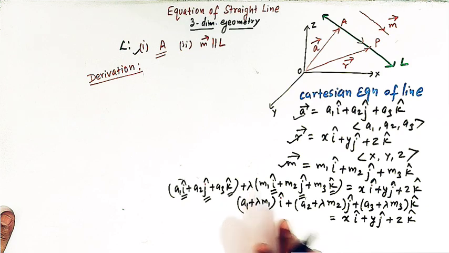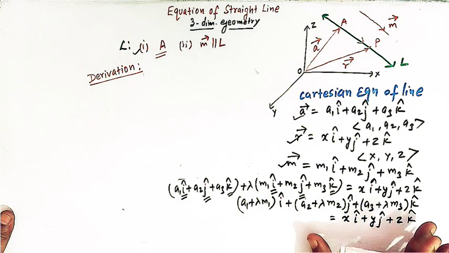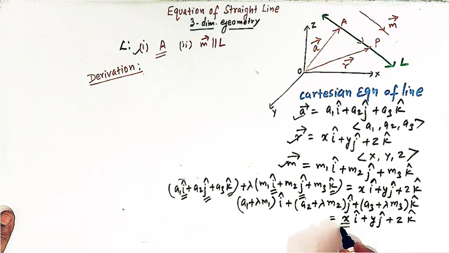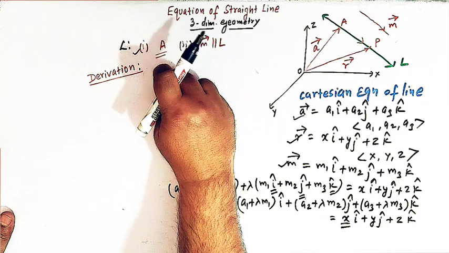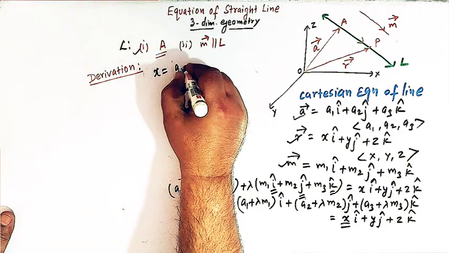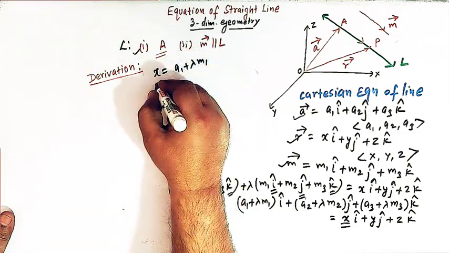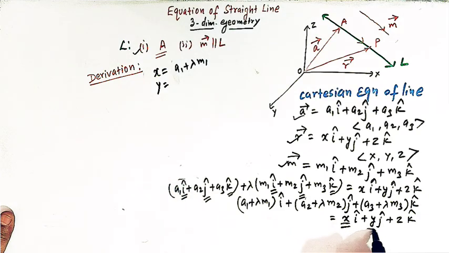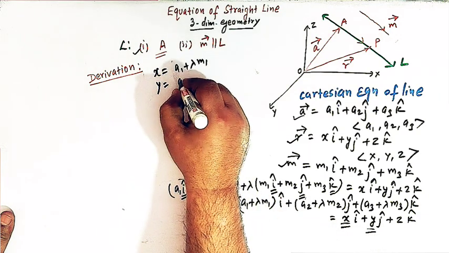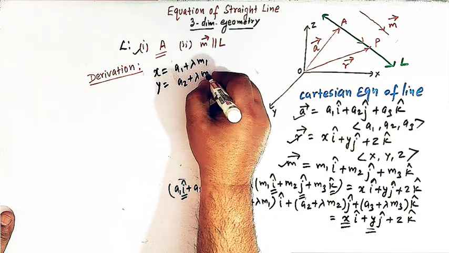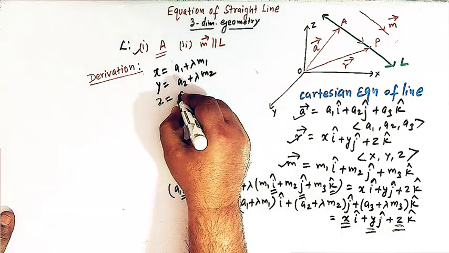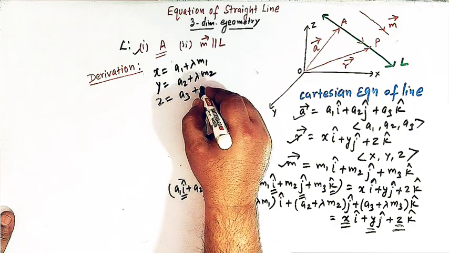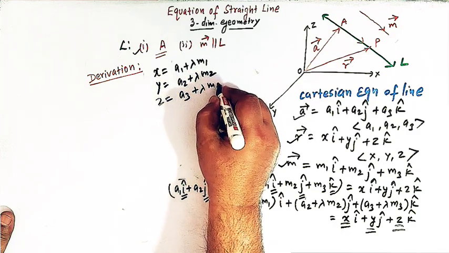Now comparing the i, j and k components on both sides, we have x equal to a1 plus lambda m1, then y equal to a2 plus lambda times m2, and then z given by a3 plus lambda m3.